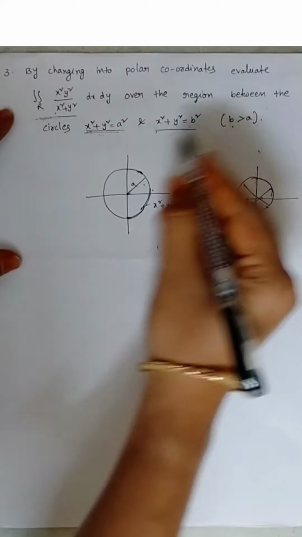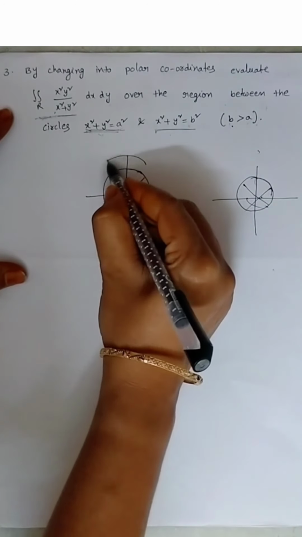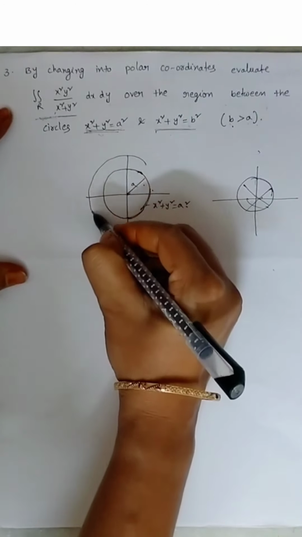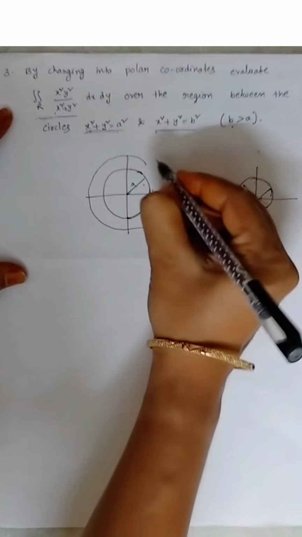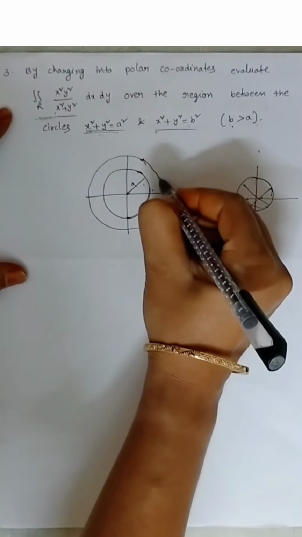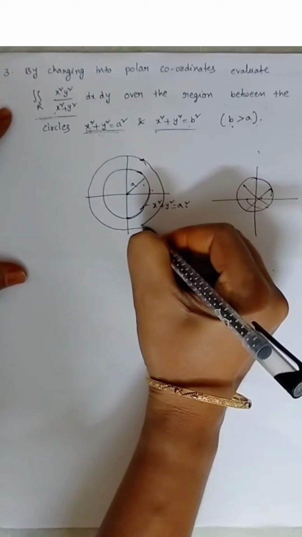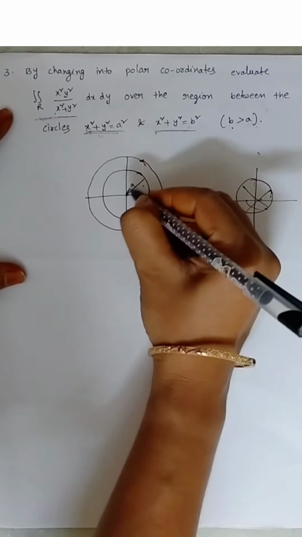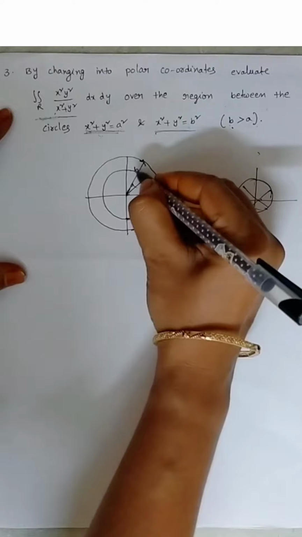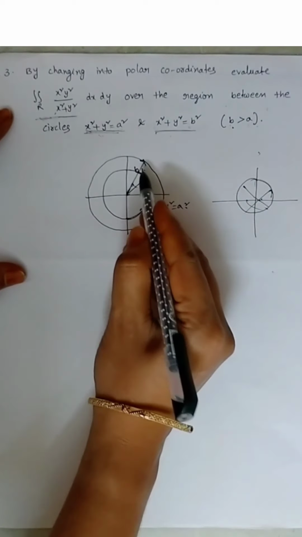And b is greater than a, so with the center 0, 0 and radius b, I am drawing one more circle. This is radius b.